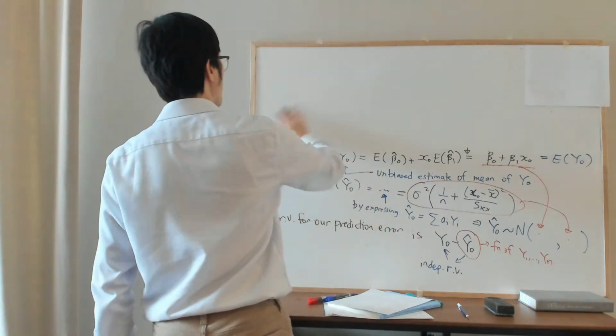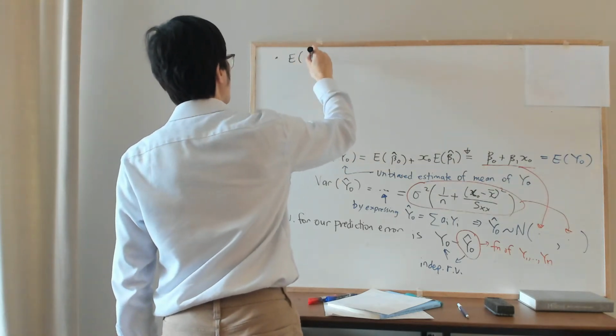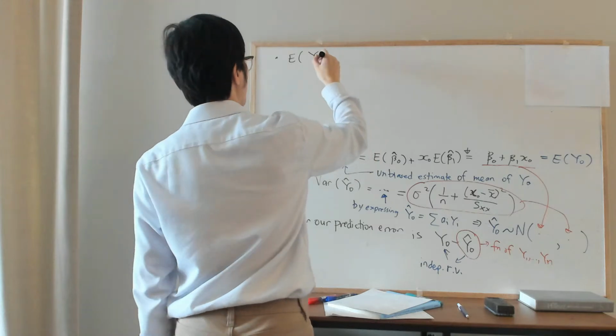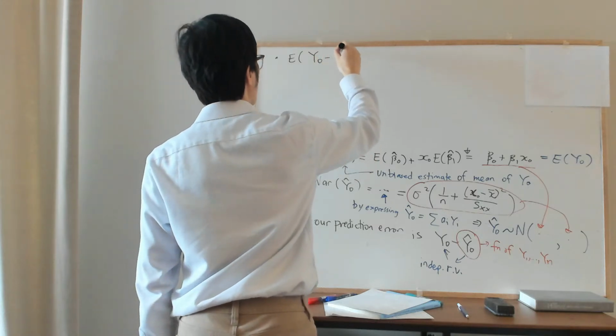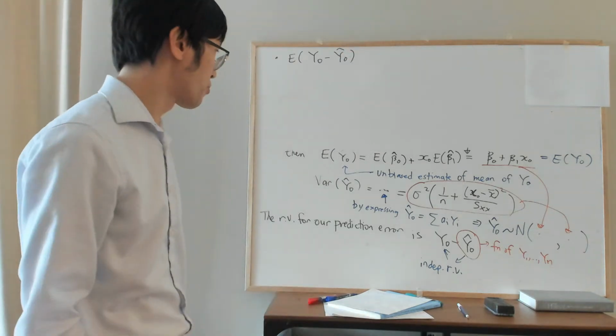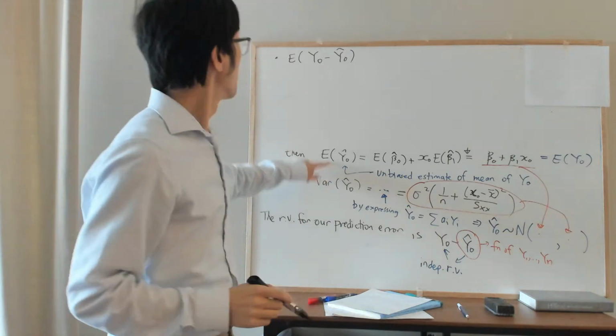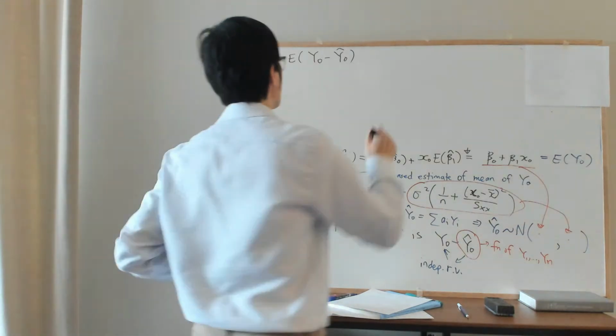Okay, so let's find this mean and variance. Let's start with, what's the expected prediction error? That's E of y0 minus its prediction, y0 hat. Well, we did that already because we can take the expectations of each of these.